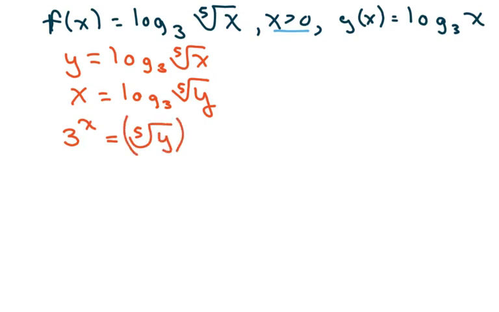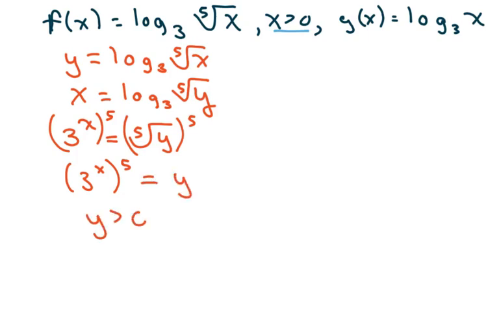And then we can just power it by 5. So we get 3 to the x raised to the 5th power equals y. And the range is y is greater than 0 because it's just the domain of your original.